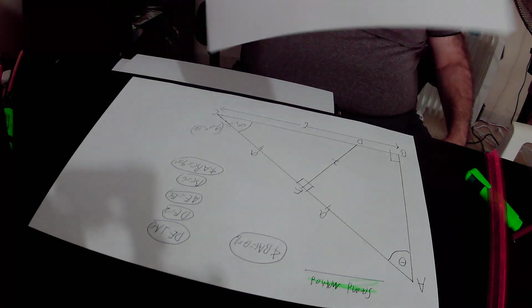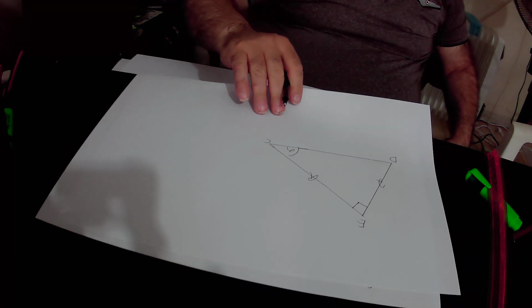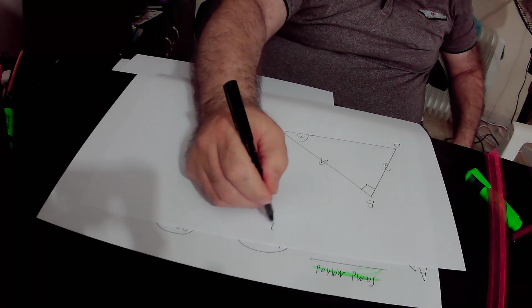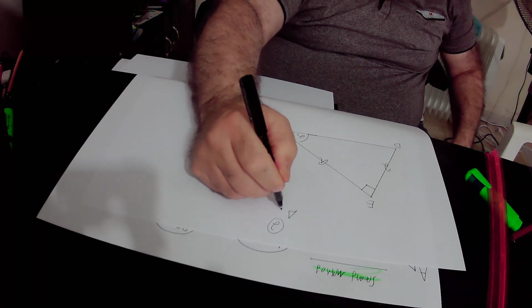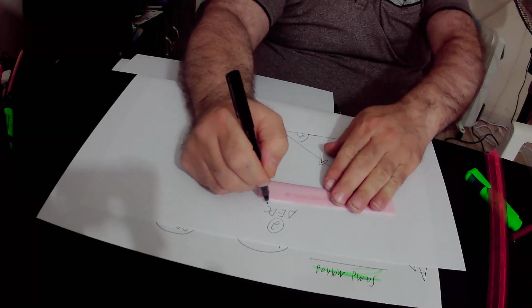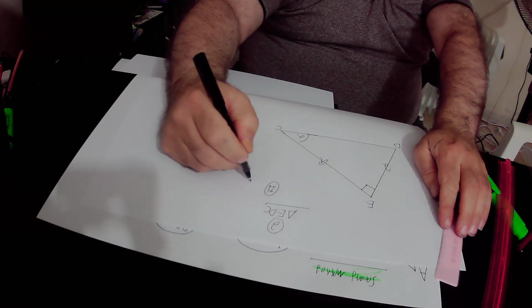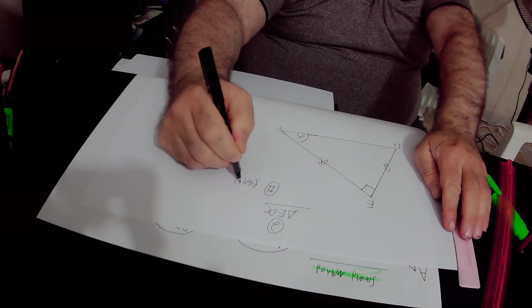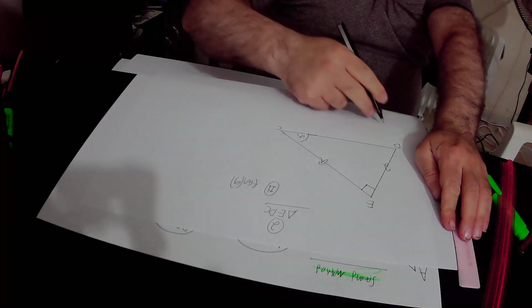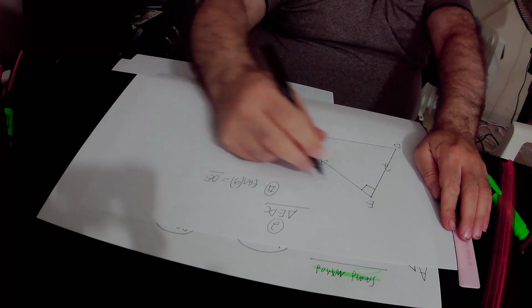So this is the right triangle EDC that I copied from the original drawing. In the right triangle EDC, this will be equation number 2. Tangent alpha is equal to DE over EC.